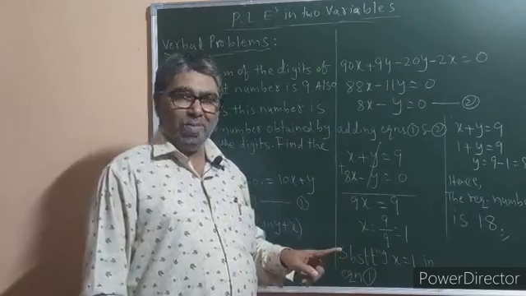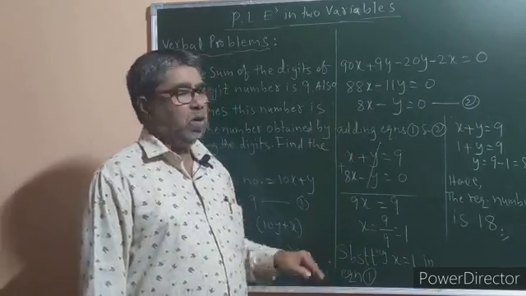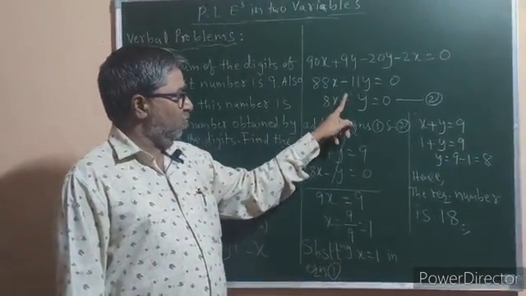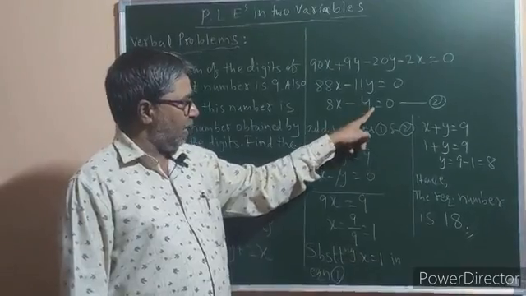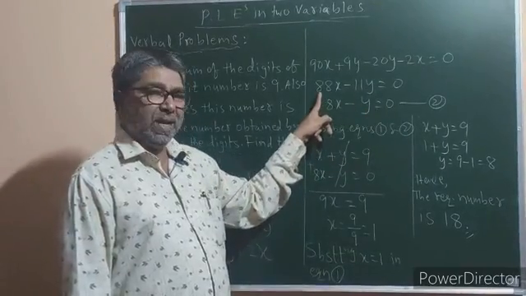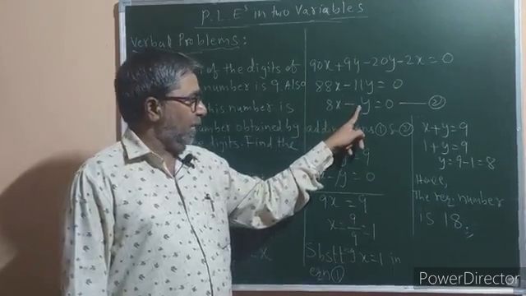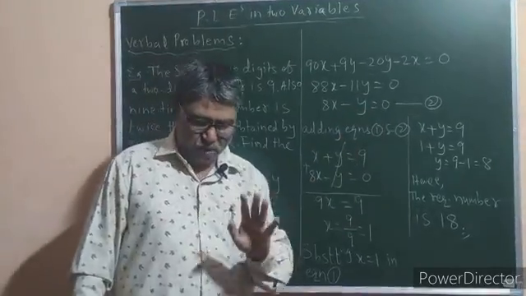Divide whole equation by 11. So by dividing whole equation by 11, we will be getting 8x minus 11 ones are 11, that is 1y is equal to 0. 11 8s are 88, that is 8x minus y is equal to 0 will be our second equation.